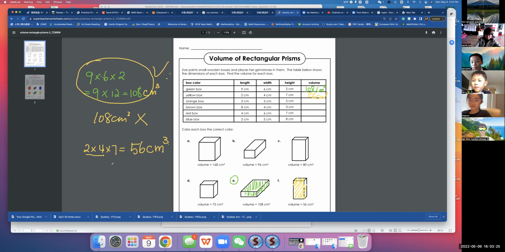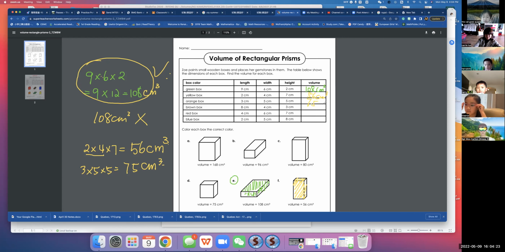Okay, next one. Orange box. Brandon. 3 times 5 equals 15. 15 times 5 is 75. 75 centimeters squared? Everybody, is that right? No. When you're doing volume, it will always be cubed.